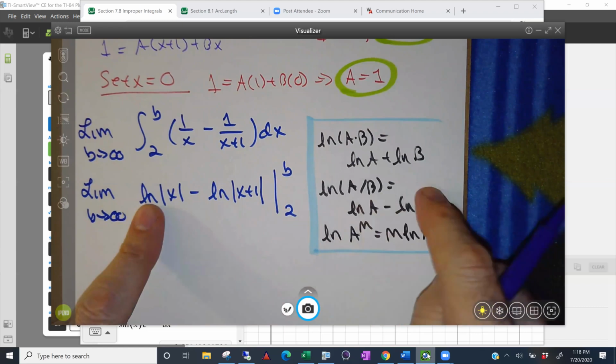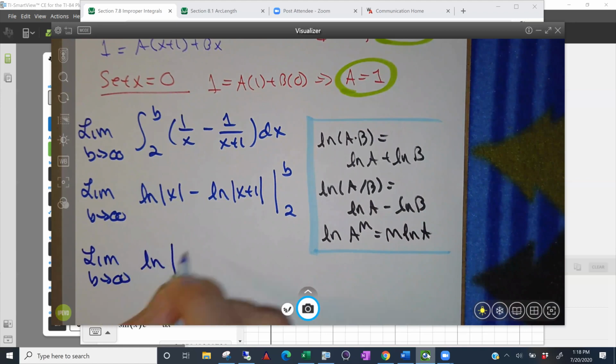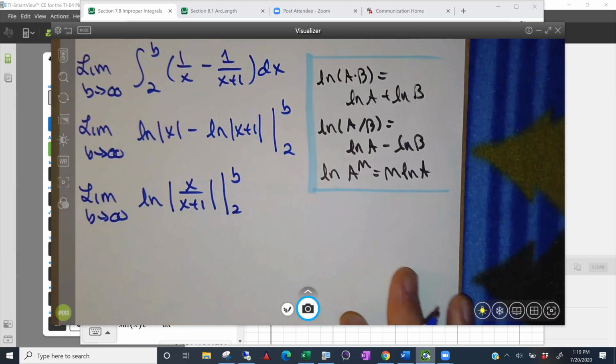I'm going to use the second one, the quotient rule for logarithms, not to be confused with the quotient rule for differentiation. So this becomes the limit as b approaches infinity of the ln of x over x plus 1 between 2 and b.